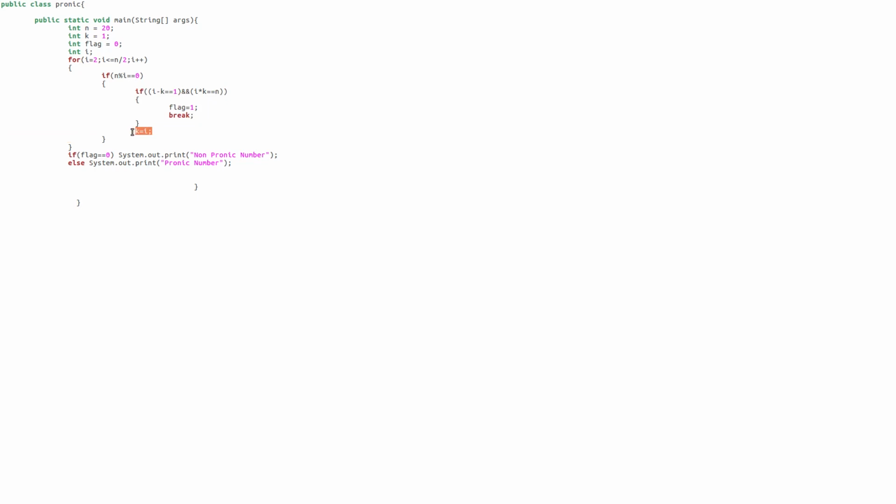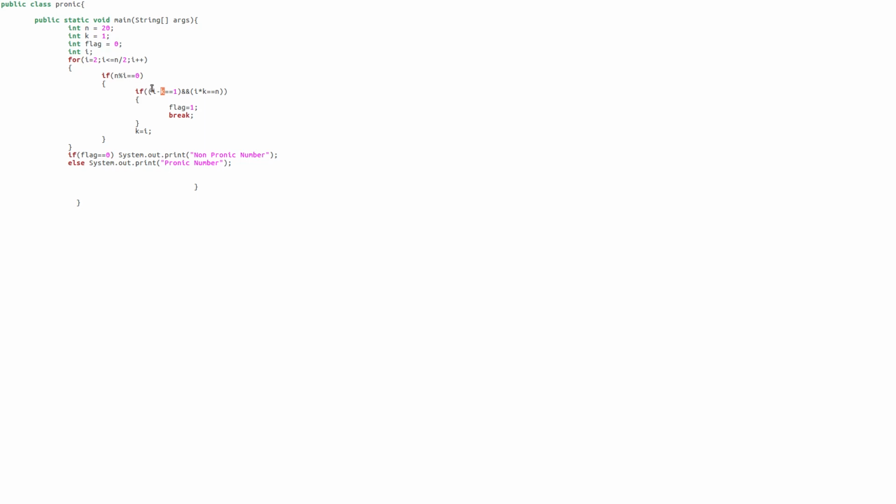Now notice that if n is divisible by i, that means i is a factor of n. That means we can go ahead and check i against the previous factor k. I had mentioned earlier that I will tell you the purpose of k. So k is a variable which will hold the previous factor.